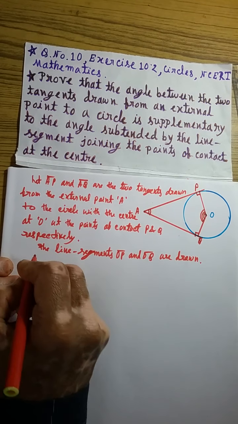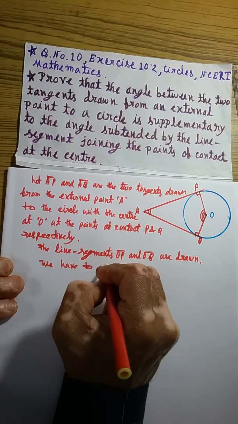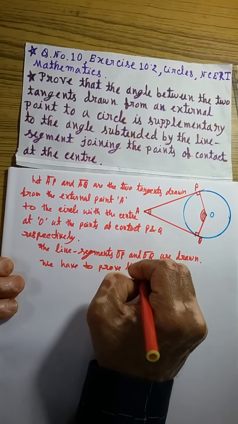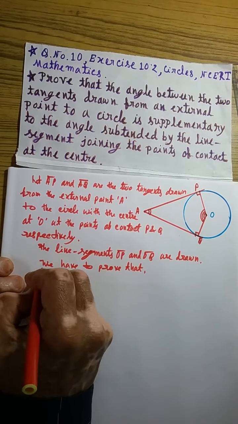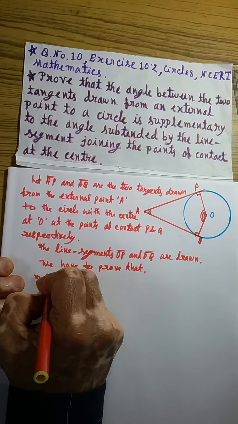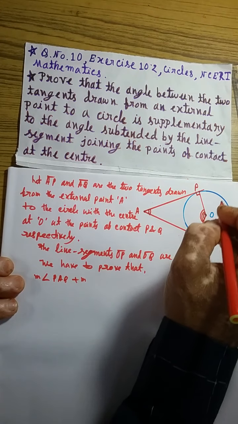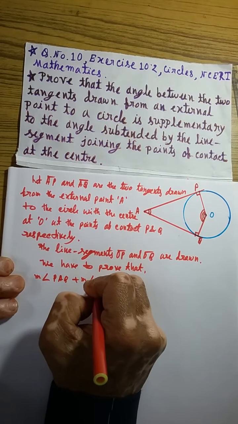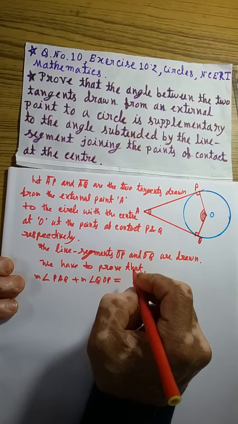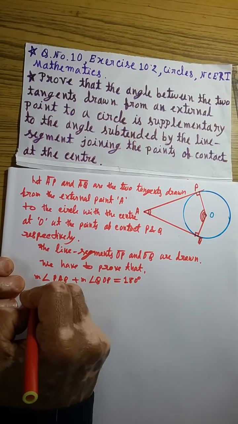So proceed in this way. We have to prove that measure of the angle PAQ plus measure of the angle QOP is equal to 180 degrees.